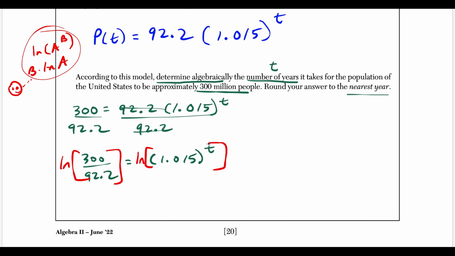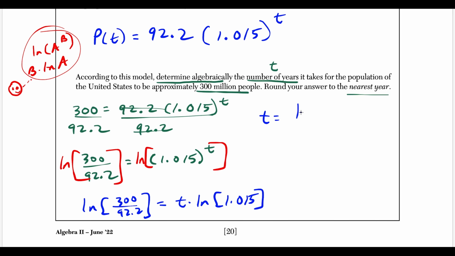So that's the algebra I want to use here, is that t is going to come out. And what we're going to have is ln of 300 over 92.2 is equal to t times natural log of 1.015. So now from here, to solve for t, just divide both sides by natural log of 1.015. So we could say here that t equals, and we have this messy expression, natural log of 300 over 92.2, divided by natural log of 1.015.